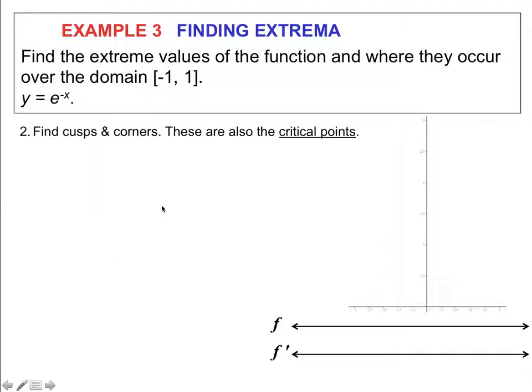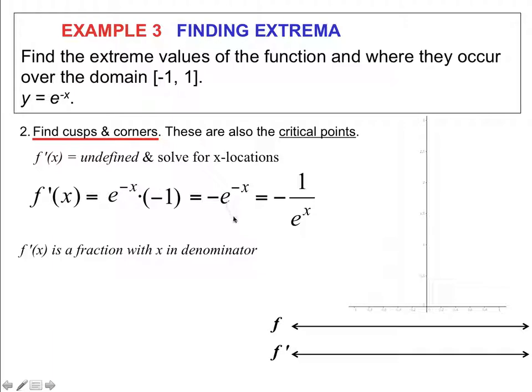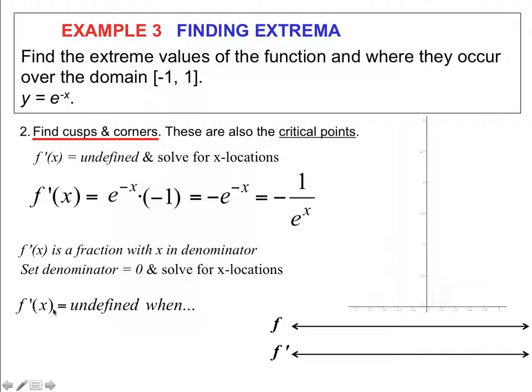Okay, and so let's see if there are any cusps and corners. So again, the derivative is negative 1 over e to the x. So we're looking for where this is equal to 0. And so where is e to the x equal to 0? So we're looking for cusps and corners. We're looking for an undefined derivative. Derivatives are undefined when the denominator is 0.